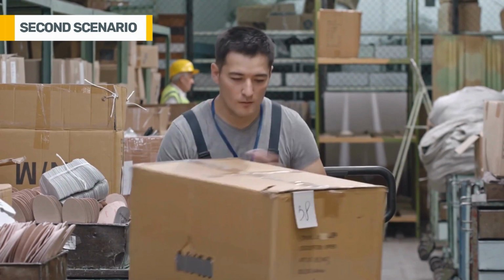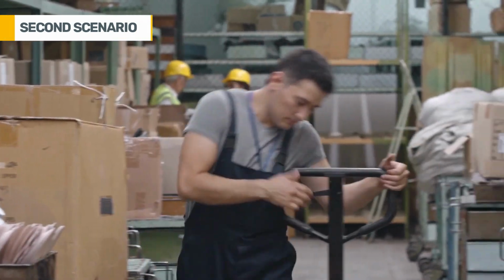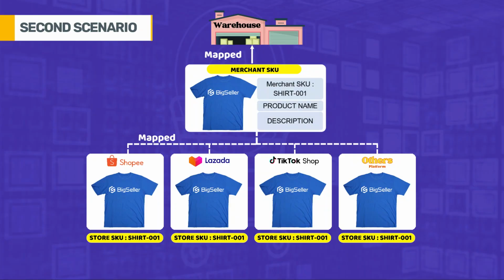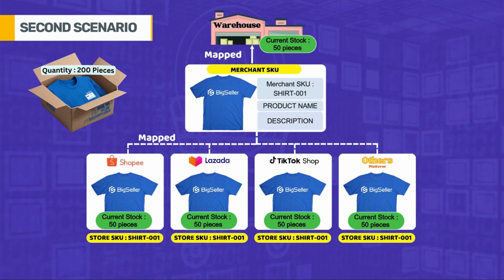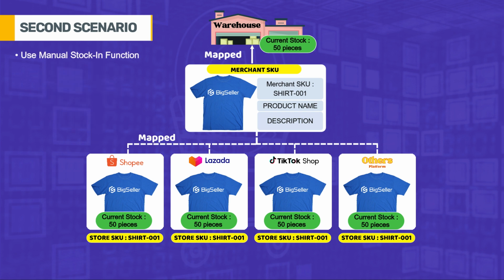All right, let's go to the second scenario. If you want to stock in and make it synchronized to all platforms, here is the concept. You have 50 pieces of t-shirts in your platform and warehouse stock, and you purchase new stock with a quantity of 200 pieces of t-shirts. Here, you need to use the manual stock in function to increase the inventory.